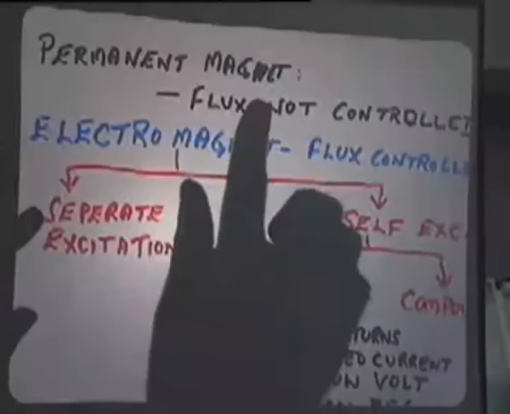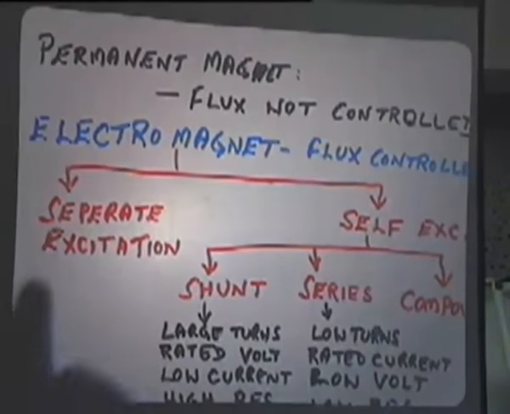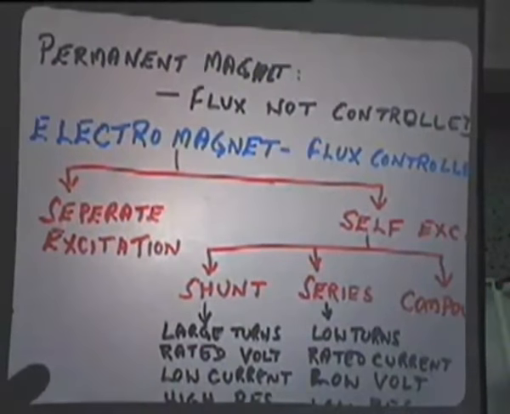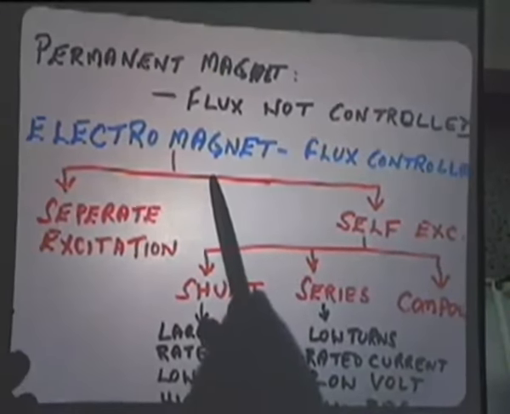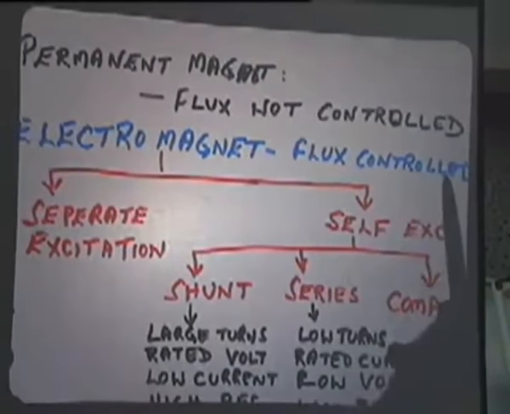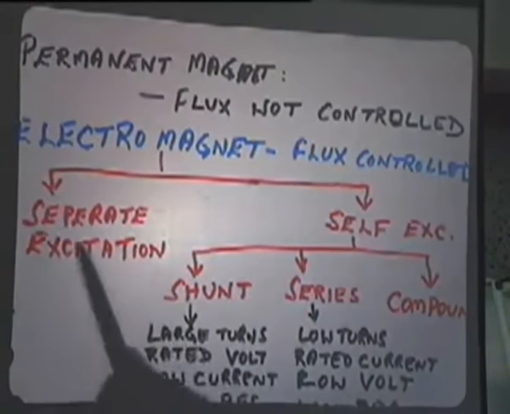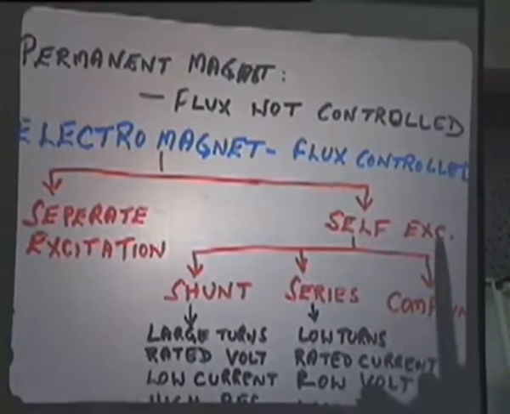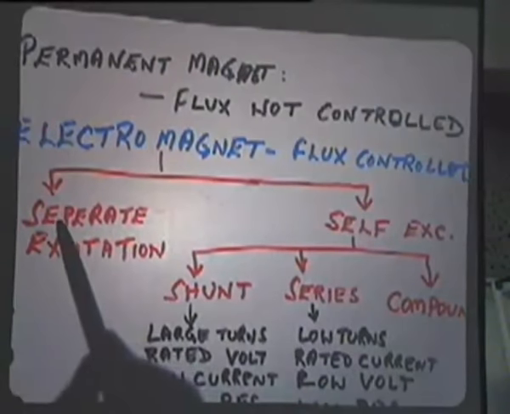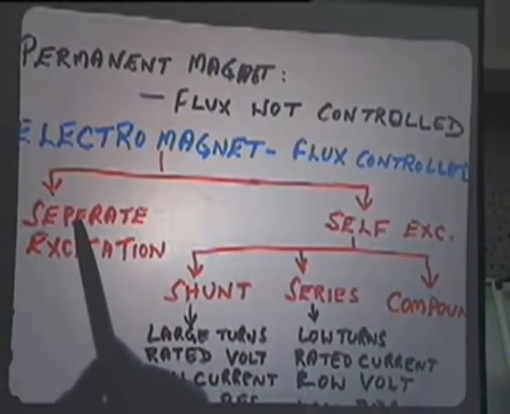We have the permanent magnet, where the flux is not controlled because there is a fixed flux. Then there is the electromagnet, where the flux is controlled. In electromagnets we have basically two types, the separate excitation and self excitation. In separate excitation the flux is normally constant unless you vary the current through external controllers.